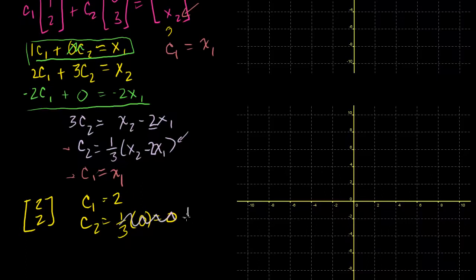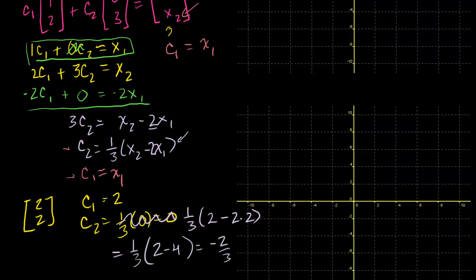c2 is equal to 1/3 times x2, so 2, minus 2 times x1. So minus 2 times 2. So it's equal to 1/3 times 2 minus 4, which is equal to minus 2, so it's equal to minus 2/3.